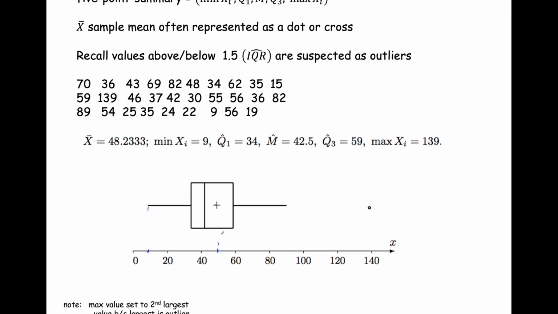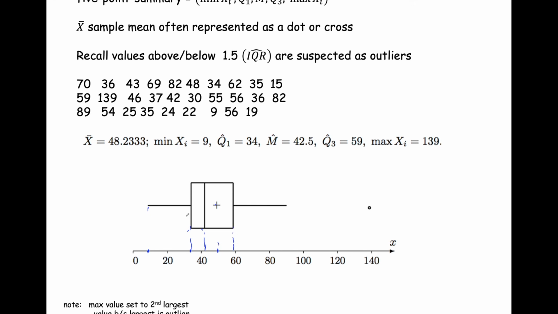The first quartile is 34, so this left edge of the box projects down to 34. Then the sample median is 42.5, which projects down to 42.5. Q3, the right-hand edge of the box, projects down to 59.